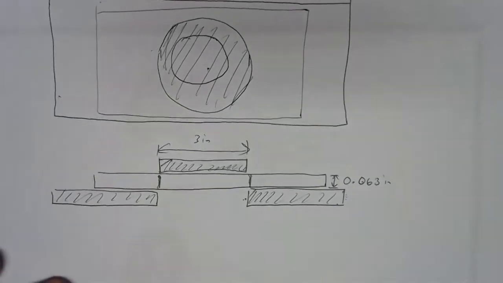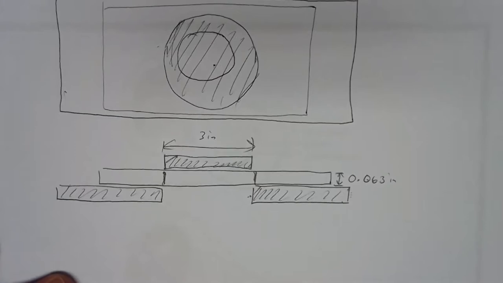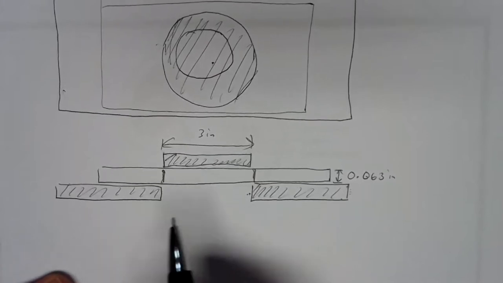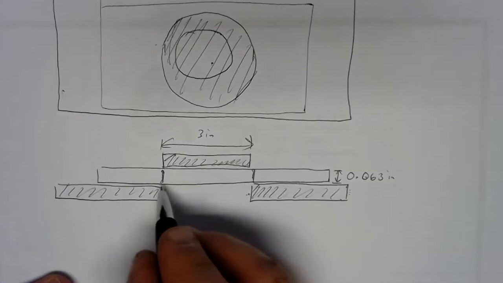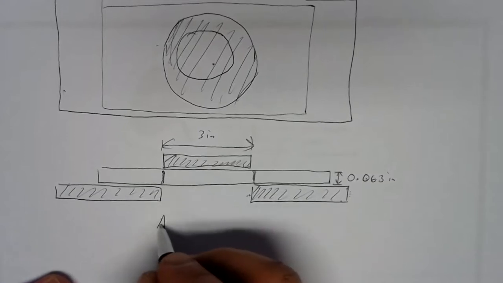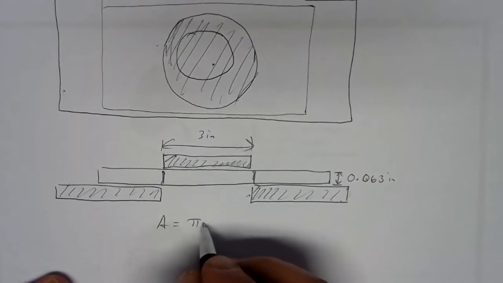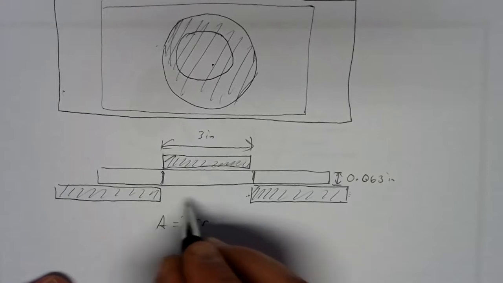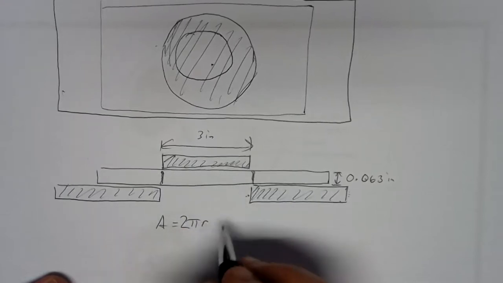Well, remember how to find the surface area, the area of a cylinder, not the volume of a cylinder, but the area of a cylinder. The area of a cylinder is 2 pi r, the circumference of a circle, times the height.